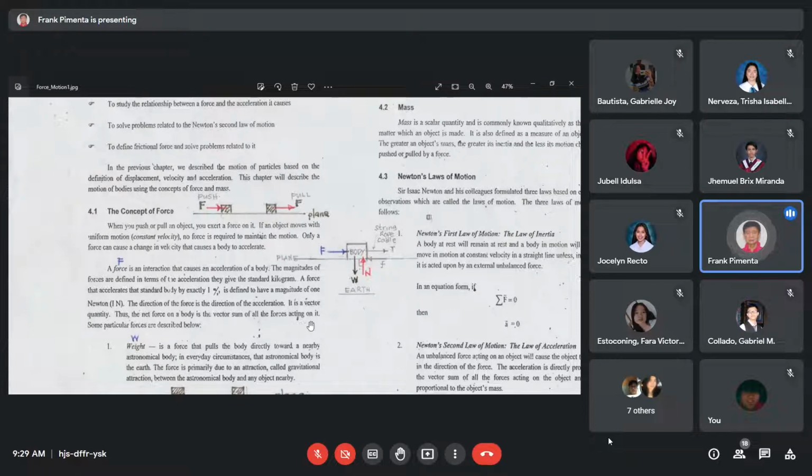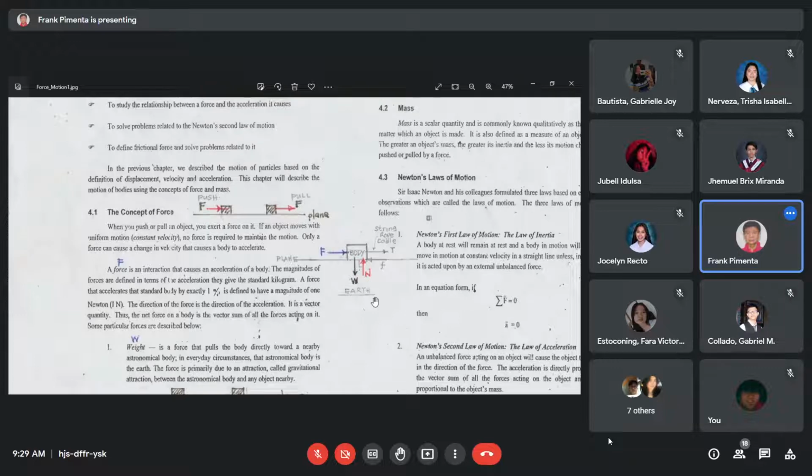So if we look at the summary, okay, and applying all these 5 forces in the force diagram, supposing this is the object or the body, okay, it is placed along the floor or on top of a table. Ayan.